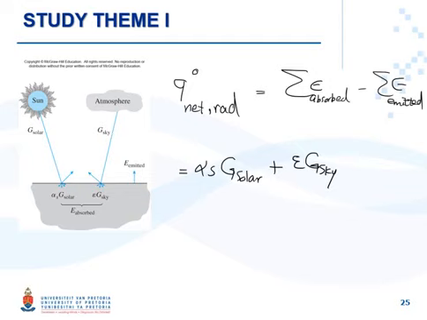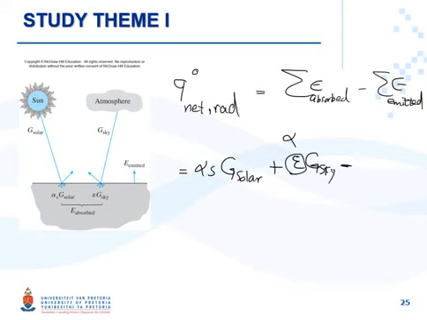Why emissivity? We will talk about it because of the picture. But based on Kirchhoff's law it is alpha, so it doesn't matter basically, minus the emitted.